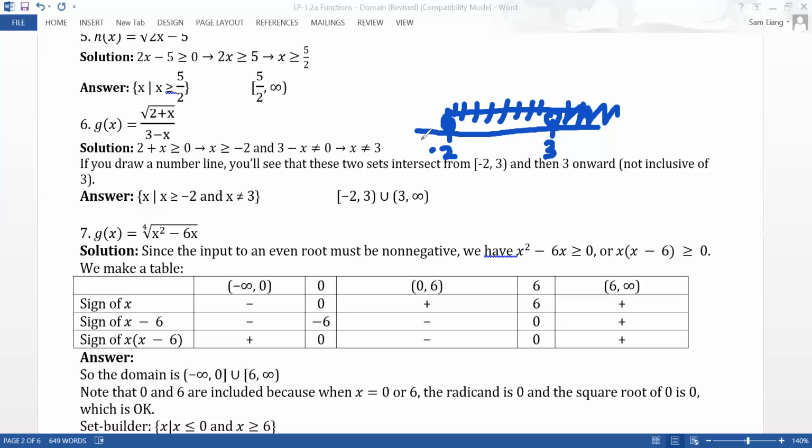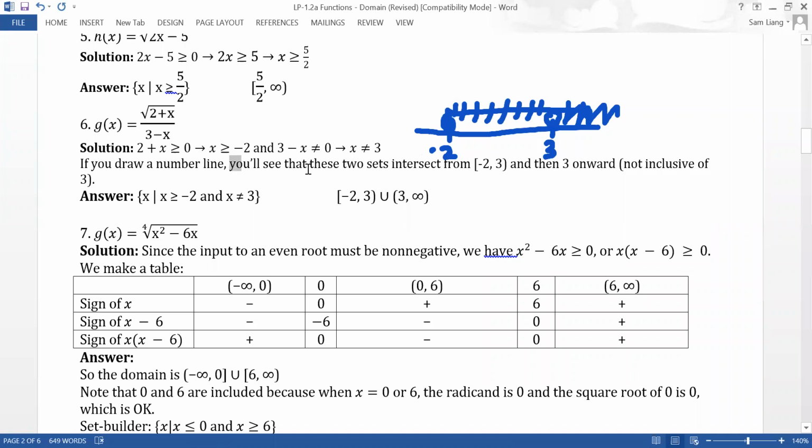For example, let's say you plug in -5. -5 would not be okay because if you plug in the numerator here, 2 plus -5, that's a negative number. Square root of a negative number is not okay. But if you plug in a number like 0, 0 is between -2 and 3. That's okay. So you have 2 plus 0, so square root of 2 in the numerator, and then the denominator is 3 minus 0, which is 3. That's okay.